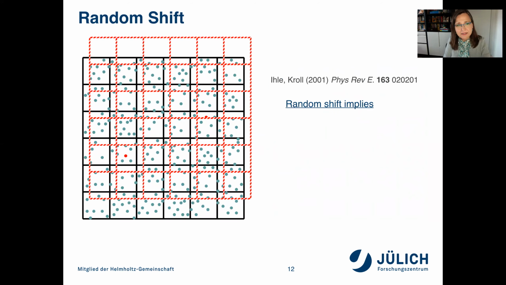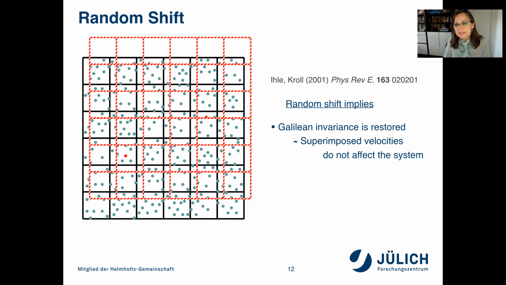This random shift implies that Galilean invariance is now restored, because the environment of each particle is not going to depend on whether it's moving or not, because it's always going to be randomized in the surrounding, and it will also help to delete any effect of this collision lattice that we have.